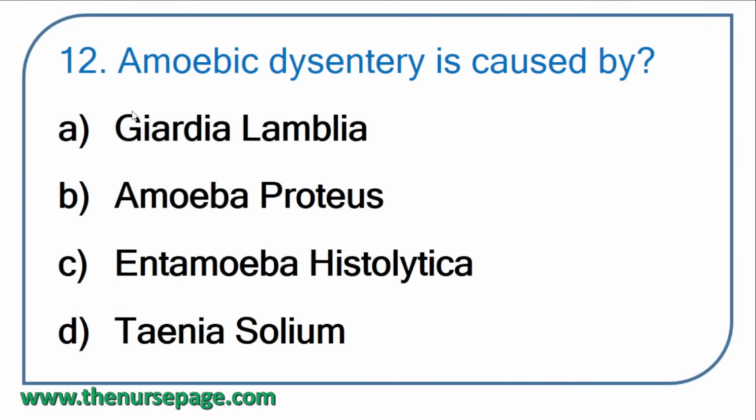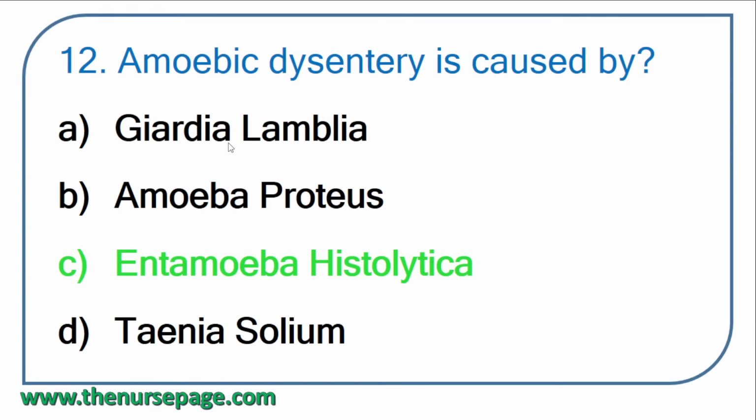Next question. Amoebic dysentery is caused by Giardia lamblia, Amoeba proteus, Entamoeba histolytica, Taenia solium. The answer is option C, Entamoeba histolytica.